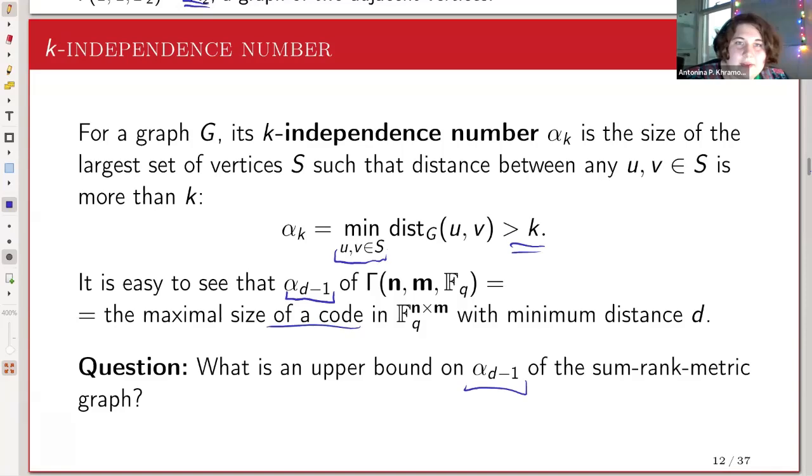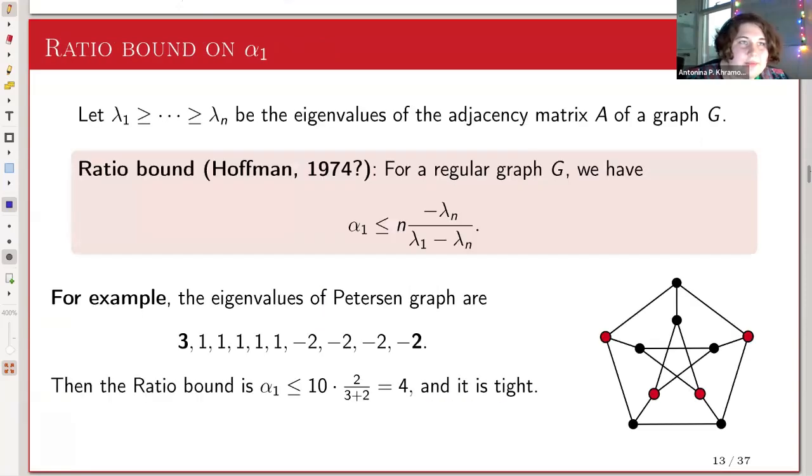To answer that, we can look into spectral bounds on the independence number. This is a classical result for alpha 1, the usual independence number, the Hoffman bound, also known as the ratio bound, which uses the eigenvalues of the graph to bound the independence number. Specifically the largest one and the smallest one.